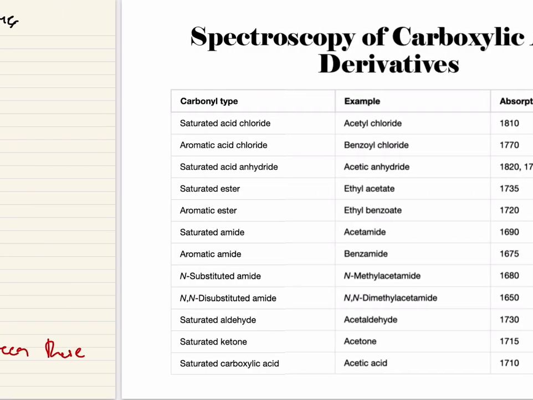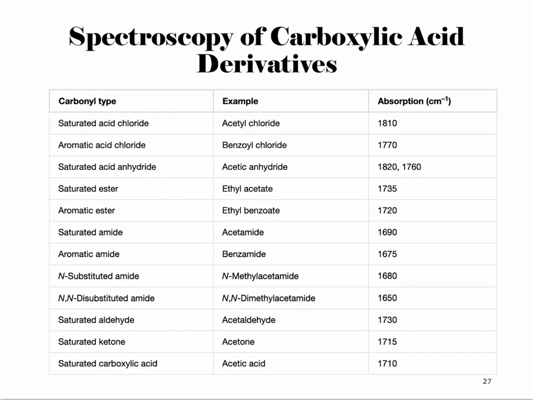And then for the IR spectroscopy, we see that this is all looking at the carbonyl peaks, right? And the carbonyl peaks, the specific position is determined by the electron donating or electron withdrawing character.